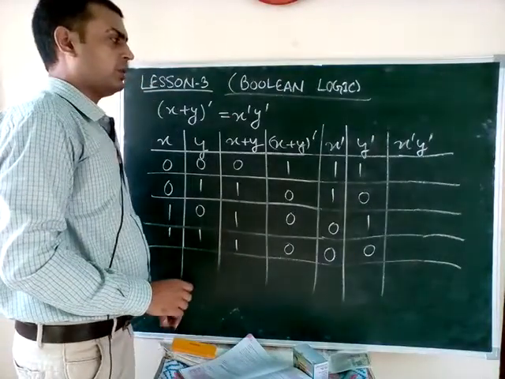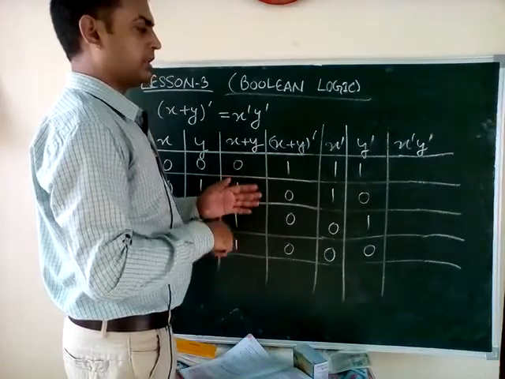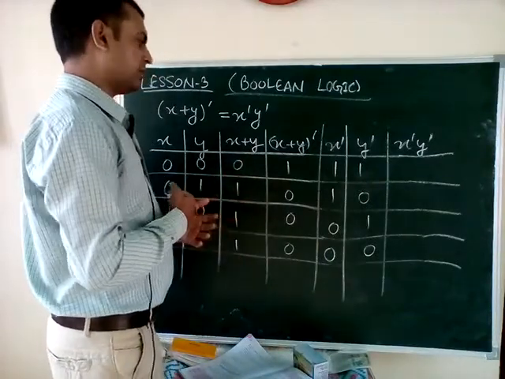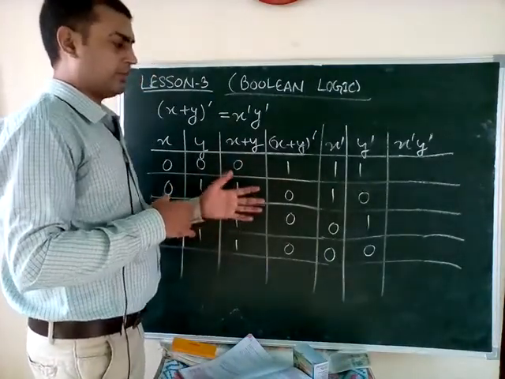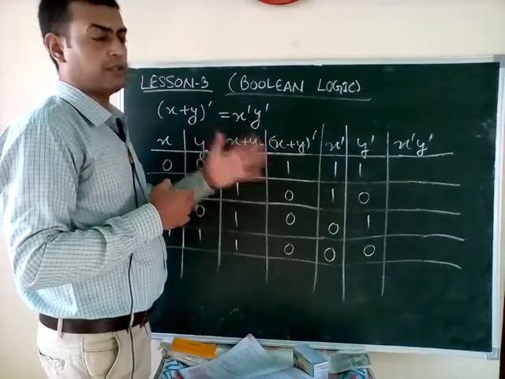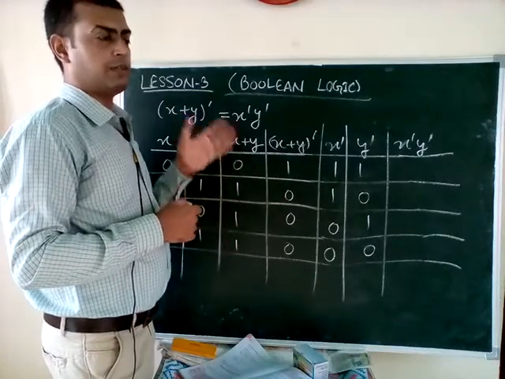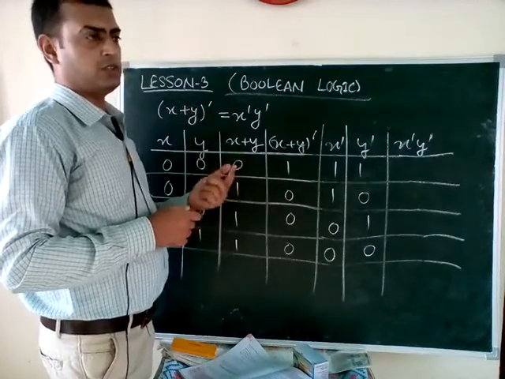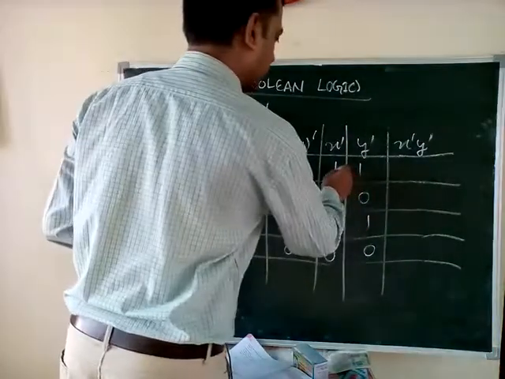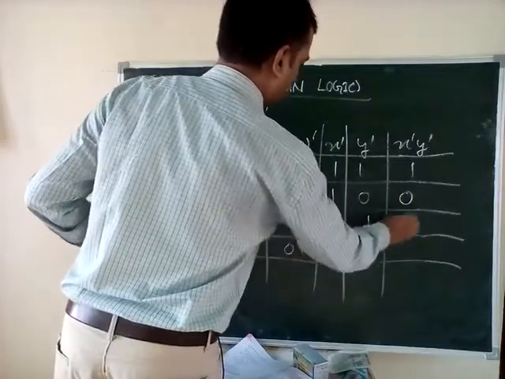So in this what we will do, if both are 1, then we will give 1, or if any 0 is there, then we will give 0. This is the multiplication logic, meaning if both are 1s then we will give 1, if any 0 then we will give 0. So you can see here both are 1 1, here 1 0 0, 1 0 0.